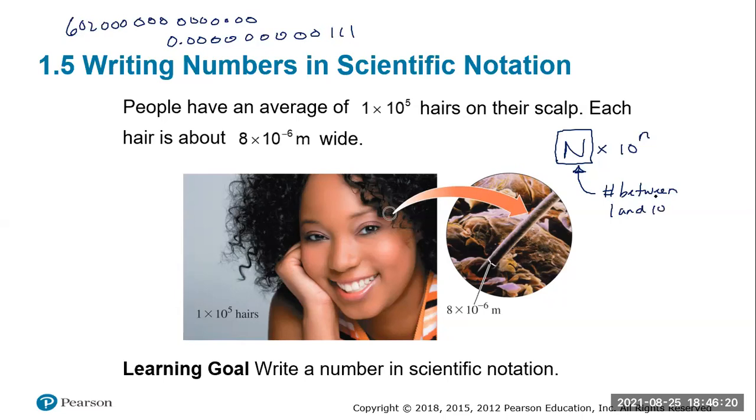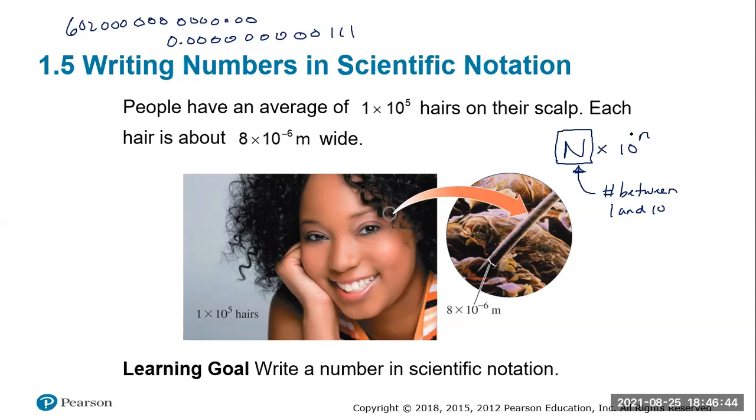That means the number in front should not be 10, should not be 20, should not be 100, because that clearly is not a number between 1 and 10. It should not be 0.2, 0.3, 0.4, because that is clearly not 1 or more. It has to be between 1 and 10.